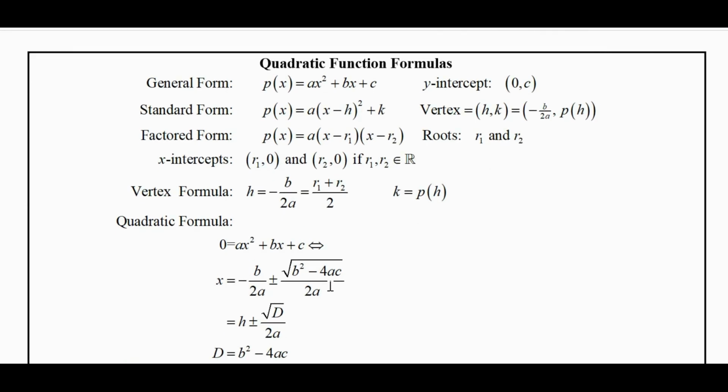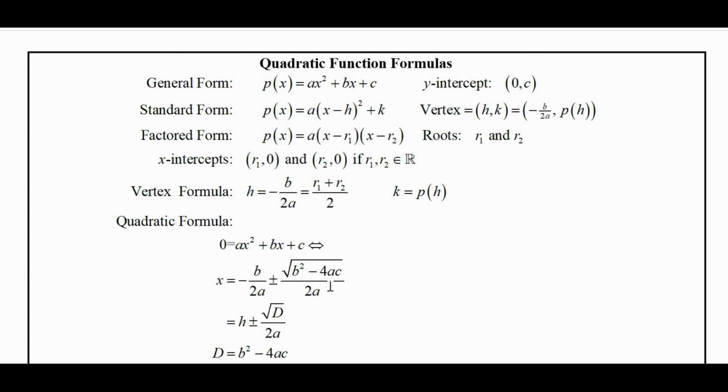So here we have some review of quadratic functions. The general form is p of x equals ax squared plus bx plus c, and from that we can tell the y-intercept. That could be called the y-intercept form because 0, c is the y-intercept. The standard form could also be called the vertex form because we see the vertex very easily from that: p of x equals a times x minus h squared plus k.